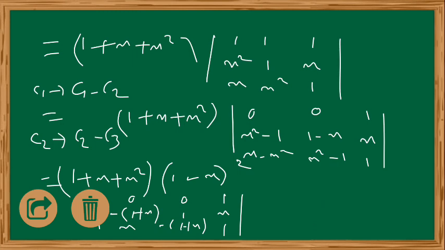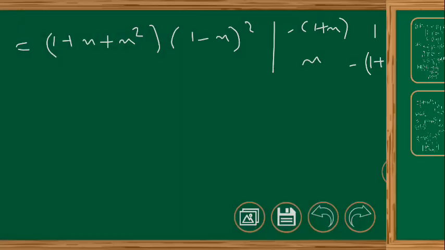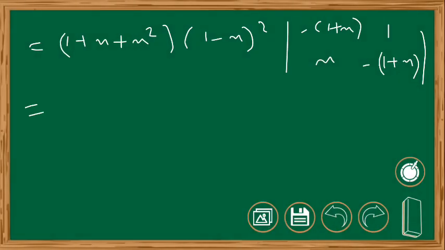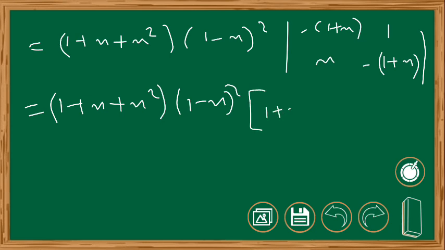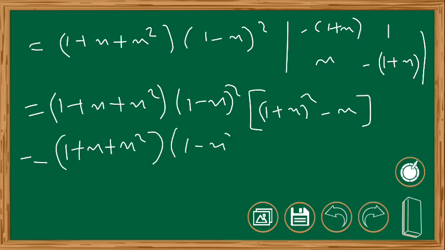Minus 1 plus x, 1, x, and minus 1 plus x. Clear? Now what is left is 1 plus x square multiplied by 1 minus x whole square. Then inside the bracket it will be 1 plus x whole square minus x into 1, which is x only. So what is left is 1 plus x square whole into 1 minus x whole square.